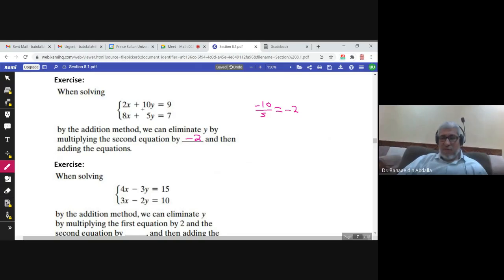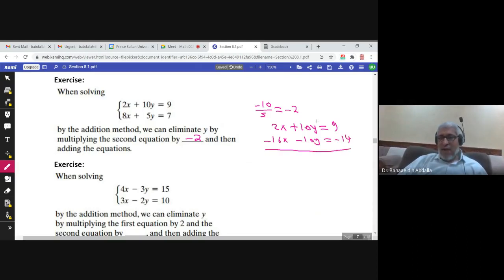So the first equation is 2x plus 10y equals 9. Now, if you multiply the second equation by -2, you will have -16x, -10y equals -14.